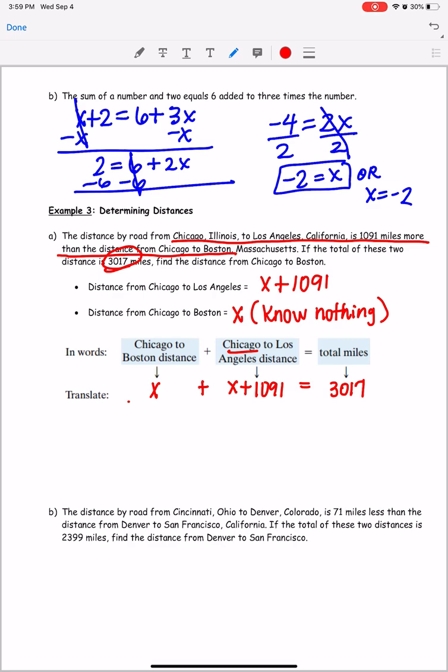So solve your equation. I'm going to bring this down here so it's a little bit more together. So we've got x plus 1,091 equals 3,017. So solve. You have nothing to distribute, but we can combine some like terms here.